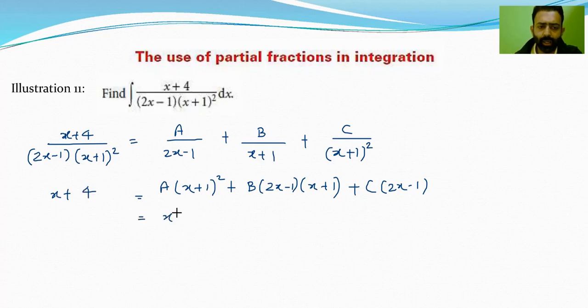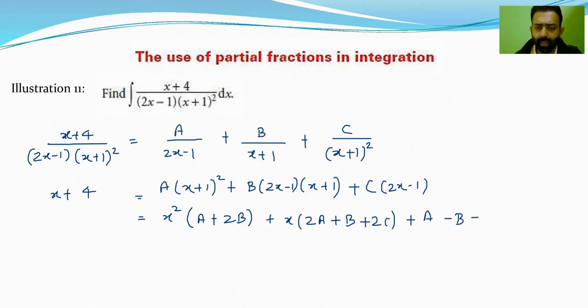Collecting the coefficient of x square, I get A plus 2B. Then the coefficient of x will be 2A plus B plus 2C, and the constant terms will be A minus B minus C.